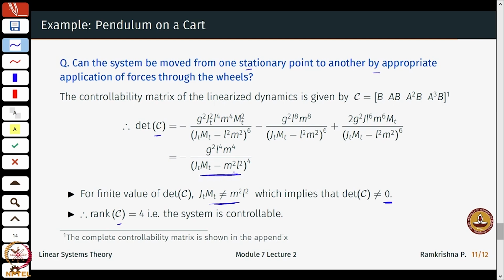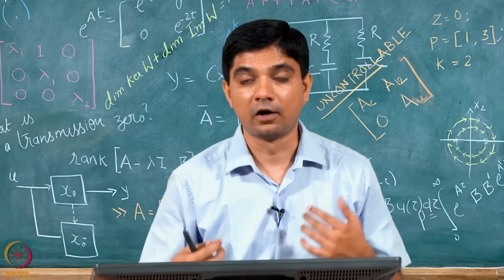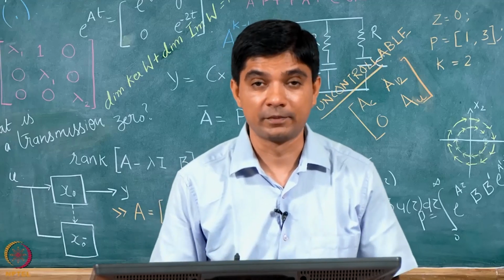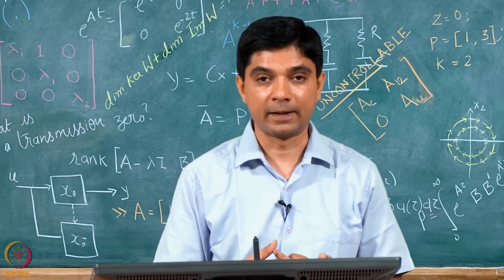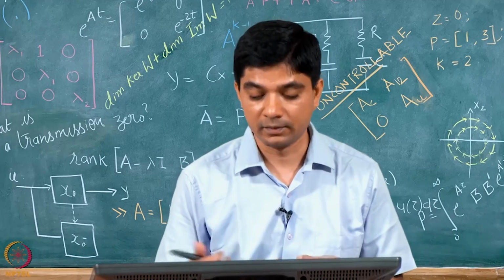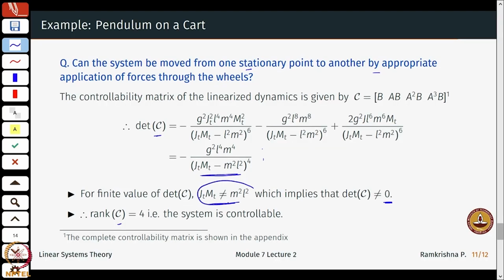But in general, for all these systems, we call them generically controllable or even structurally controllable, because for almost all values of the parameters J, M, small m, l, they are controllable except for a very small set. Similarly, even the RLC circuit was controllable for all values of R and C except when this was true.